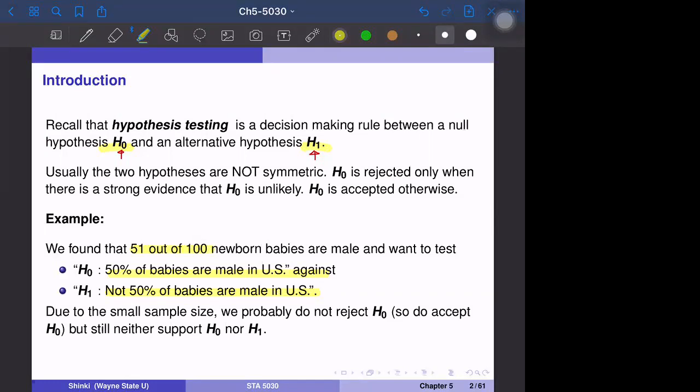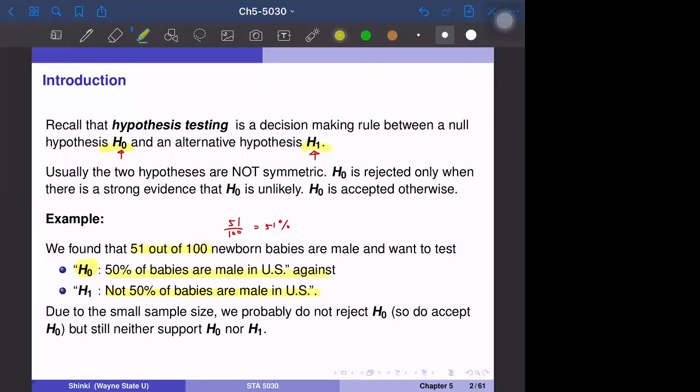So, okay, 51 out of 100 is not 50%. So sample proportion is 51 over 100, so actually 51%. But should we reject H0? Probably not, because we only have 100 observations and 51 is very close to 50.